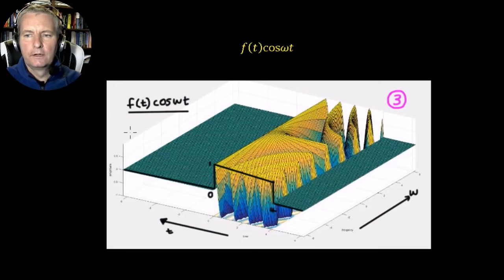There's our time and there's our value for omega. Now we have the cos omega t surface, which has been modulated, that is multiplied by our function f of t. So you can see here that we have our function f of t, which is a height 1 and a length 4, and that has multiplied that cos omega t surface. So we're only left with this one section of that cos omega t surface.